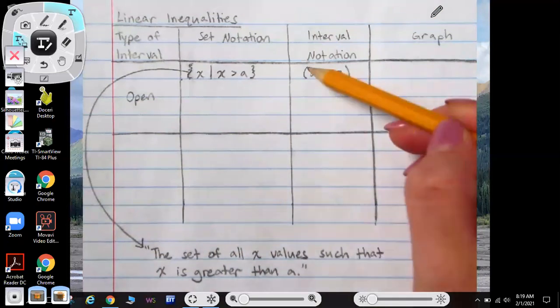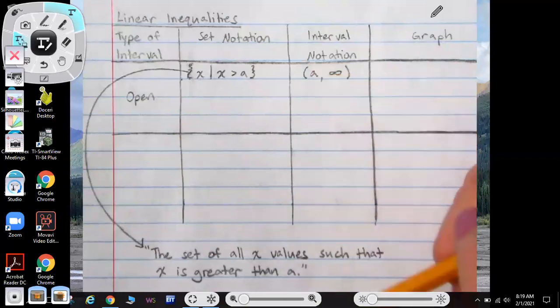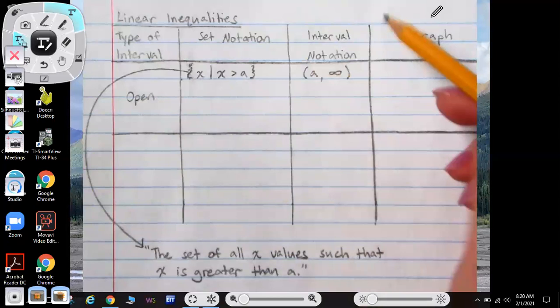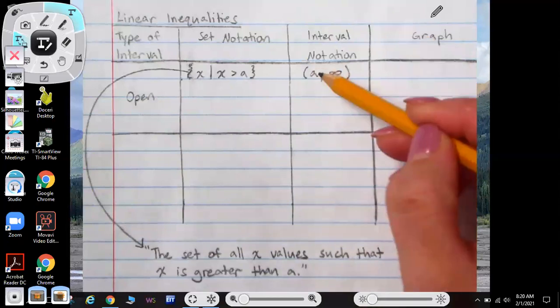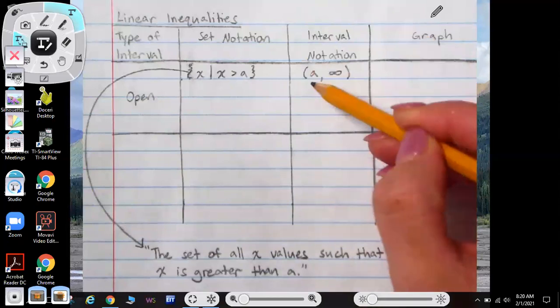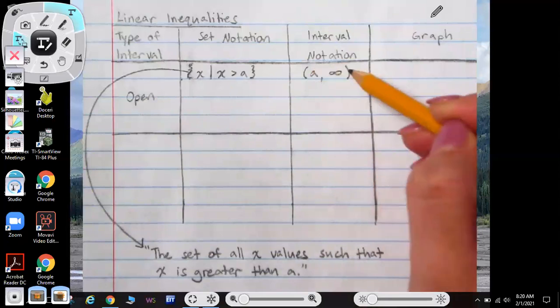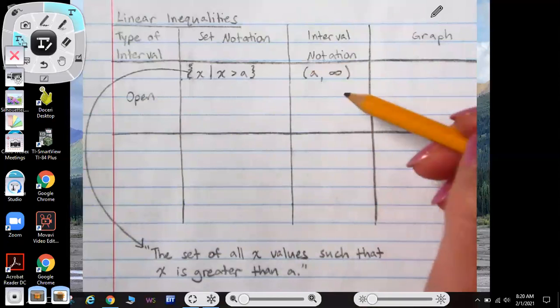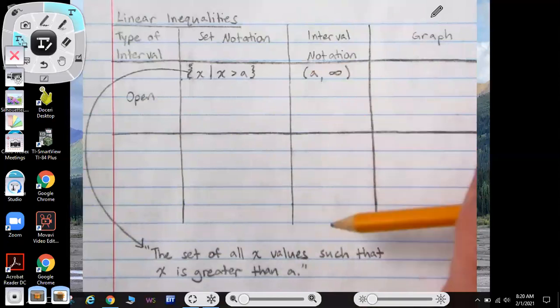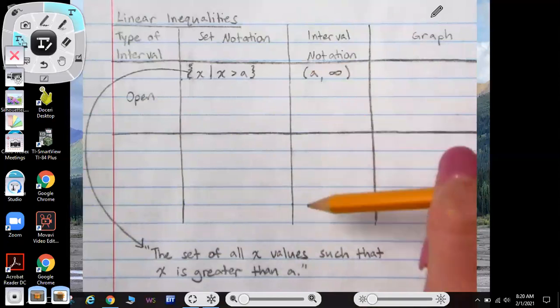The parentheses mean that whatever number this a is, it is not actually included in the interval. It's just our starting point. If it were included in the interval, we would use a square bracket instead of a parenthesis right there. With infinity symbols, you always use parentheses. You never use a square bracket. We'll look more at square brackets when we look at closed and half open intervals.